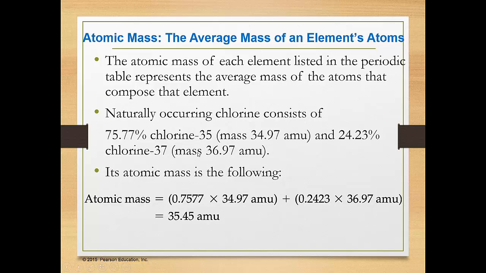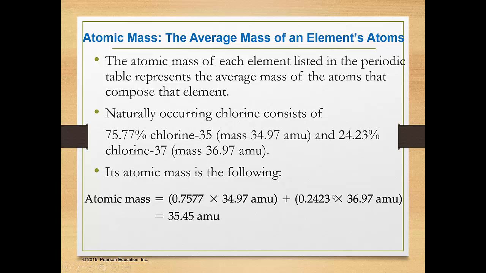from the periodic table. I take the percent as a fraction, so remember percent, I move it over 2 decimal places, so 75.77% is 0.7577 right here. Multiply that fraction times the atomic mass units, 34.97. Now do that same thing for the next one. So 24.23% becomes 0.2423.